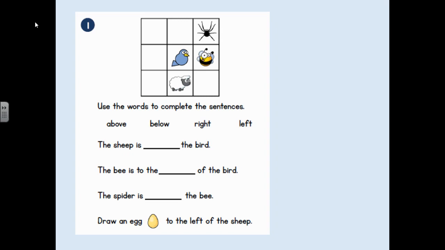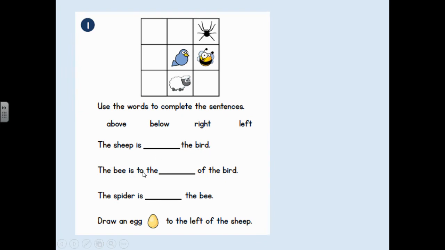Right, so the first question, we've got a grid here, and it's saying use the words to complete the sentences. So use above, below, right and left. So we've got the bird, the sheep, the bee and the spider. Look at where the sheep is and fill in whether it's above, below, right or left of the bird.